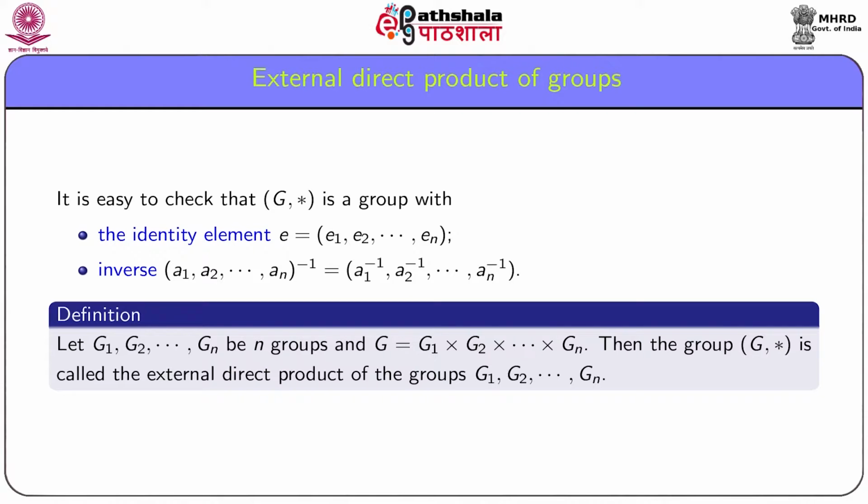Thus, we have a binary operation star on G so that their Cartesian product becomes a group.